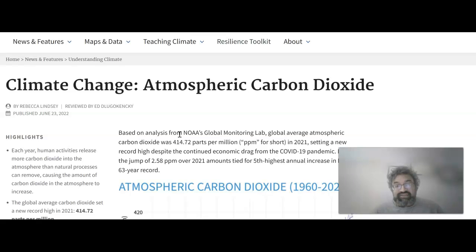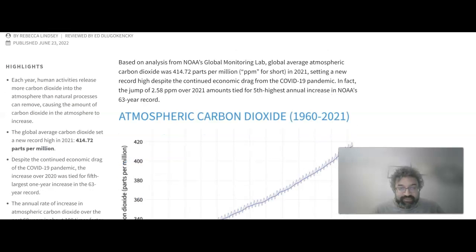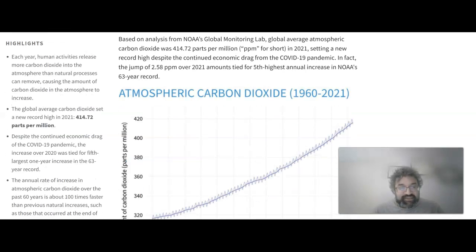So the lesson here is carbon dioxide is bad for the environment, and in effect bad for us. So any carbon dioxide emissions have to be considered.